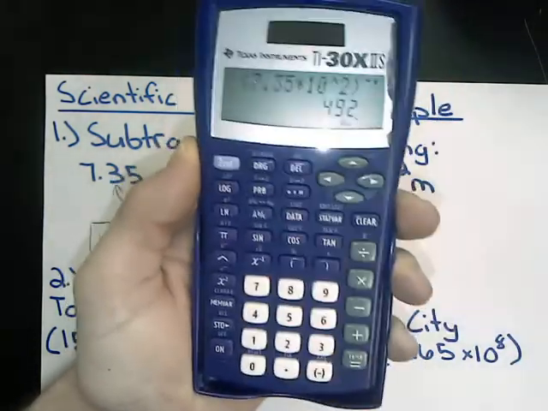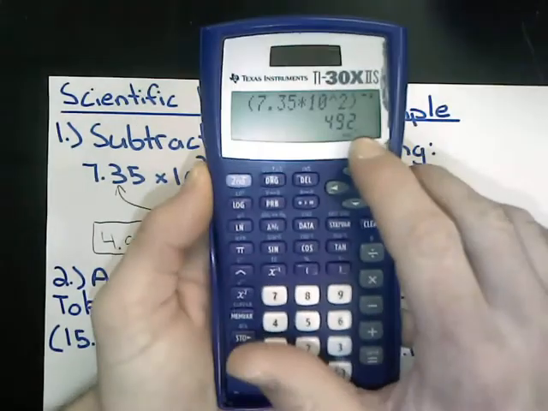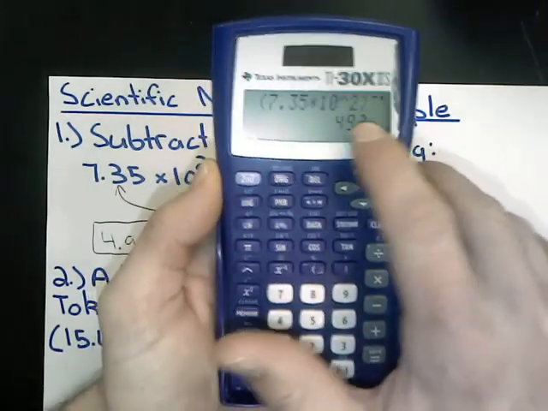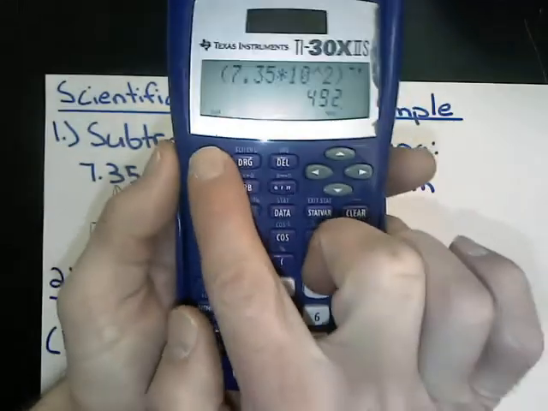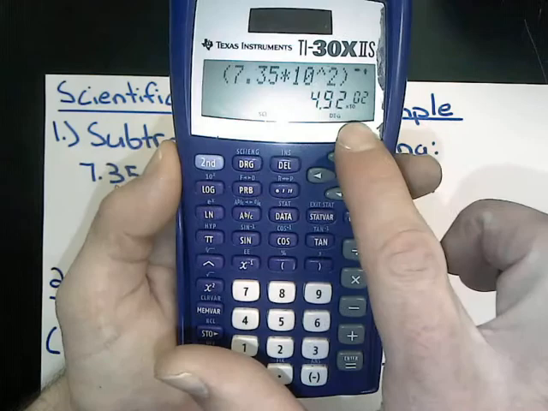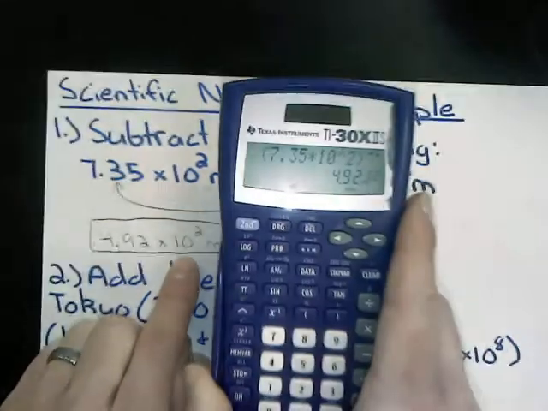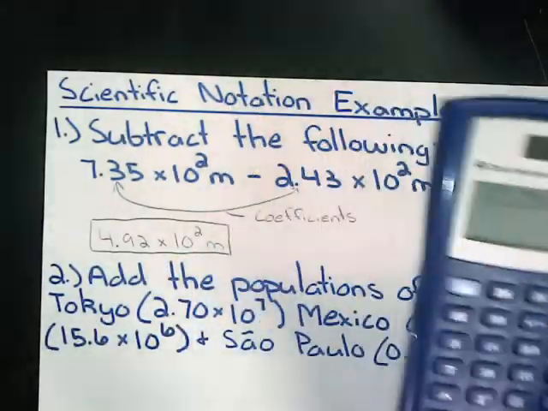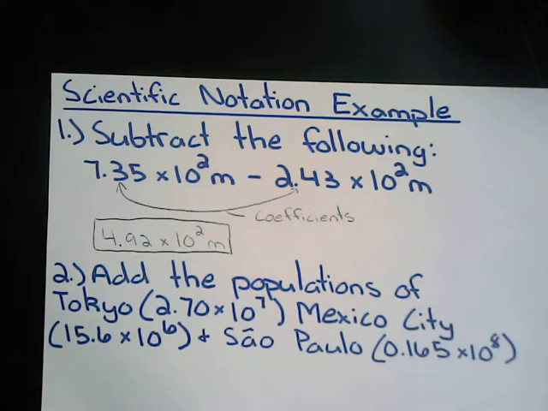I close my parentheses, and I get a value of 492. Now remember, that is not in scientific notation. So if I convert this over once again to scientific notation, I get 4.92 times 10 to the second, which matches up to what our answer was when we performed this calculation.